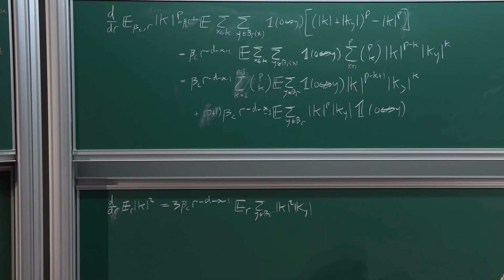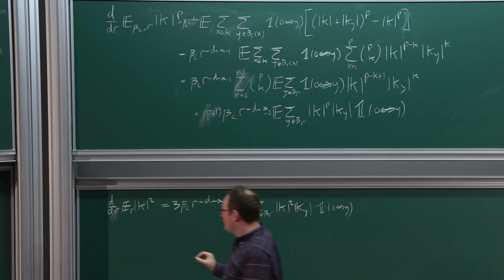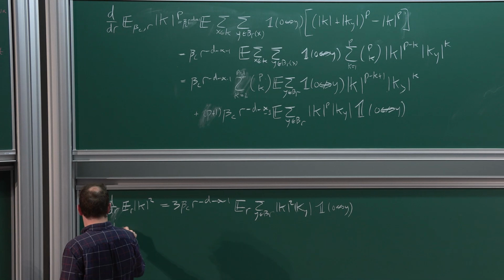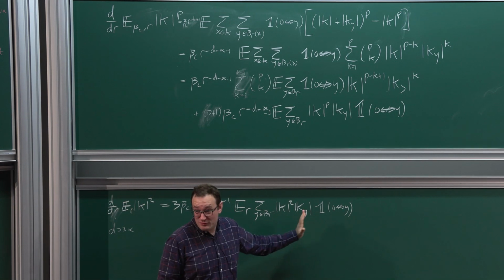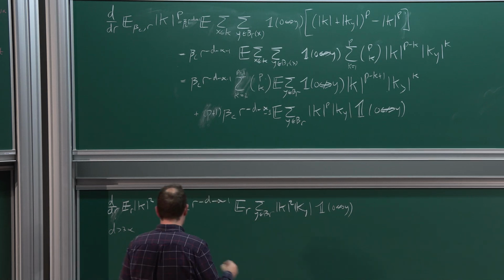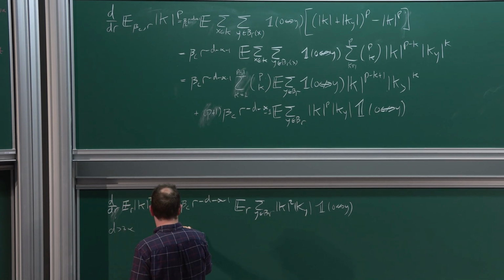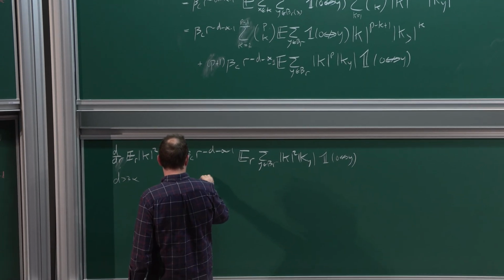Okay. Now, what we would like to say again is that, with the indicator again. Now what we would like to say is that when d is bigger than 3 alpha, again, this expectation should just factorize asymptotically, right? So it should be asymptotic to 3 beta c.